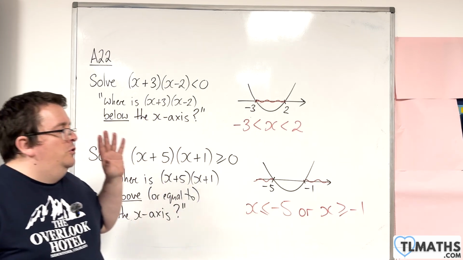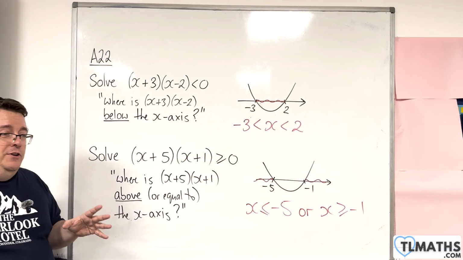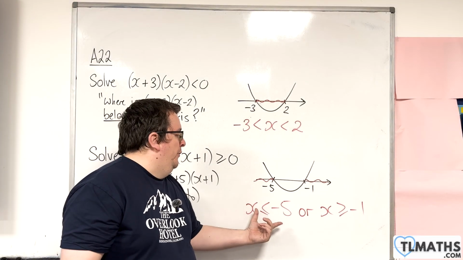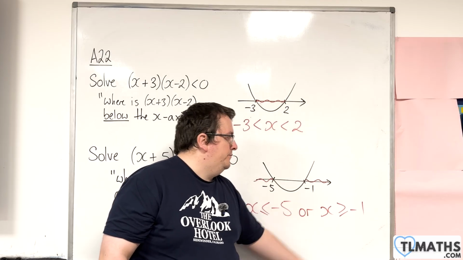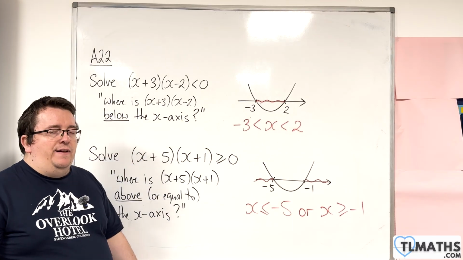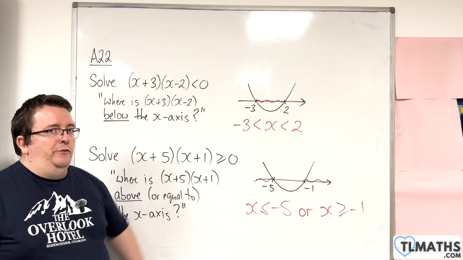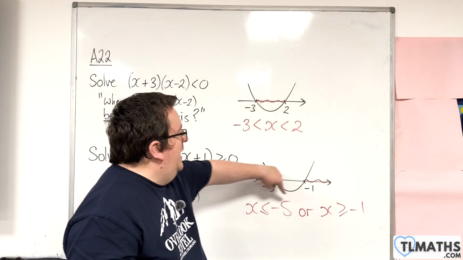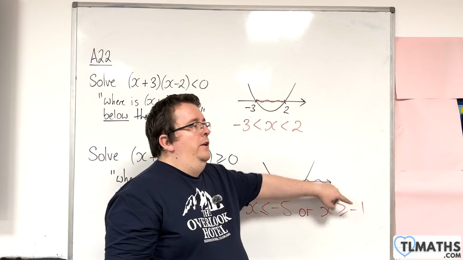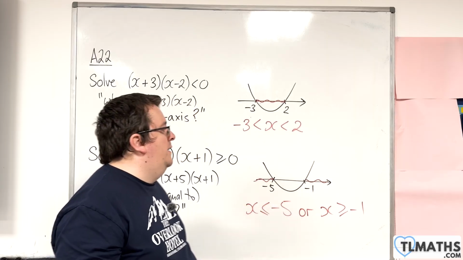Okay? Try not to use the word and, because if you're saying that the inequalities are this and this, there is no value of x that satisfies both of those inequalities. So you can't have a value of x that satisfies that and that one. So that's why the word or here is important.